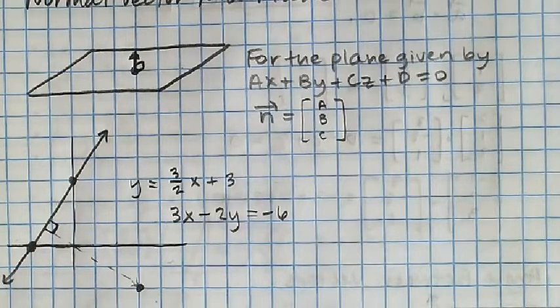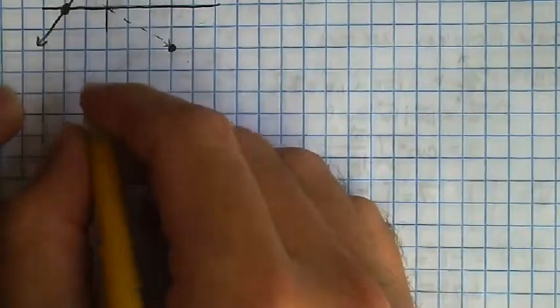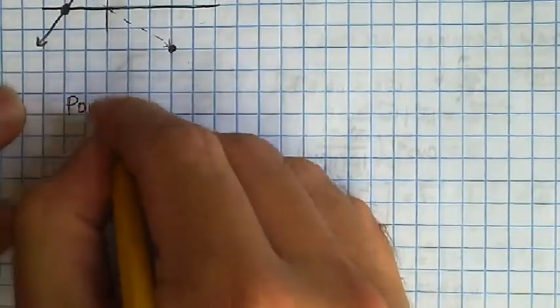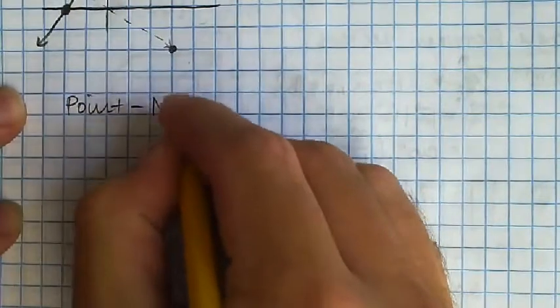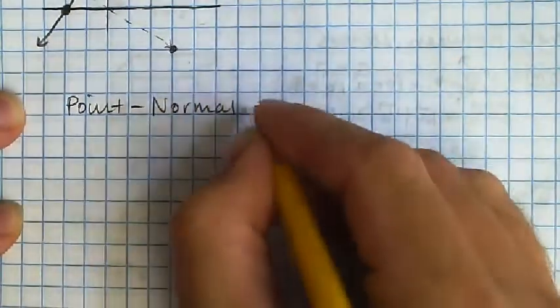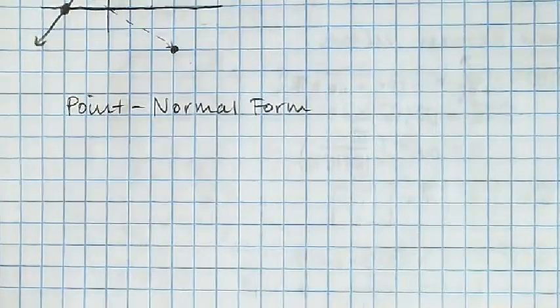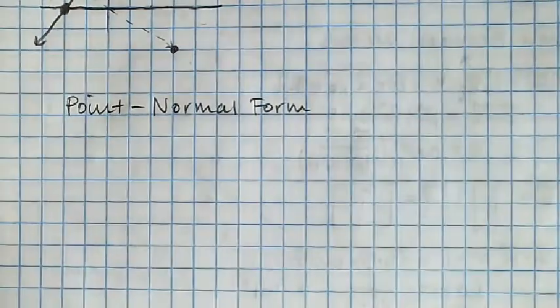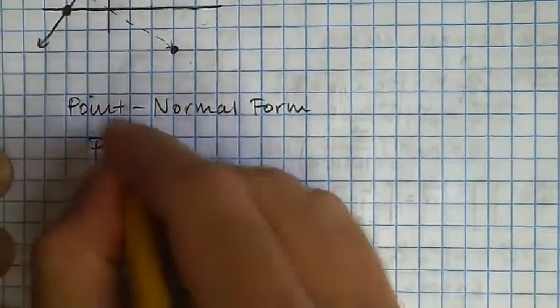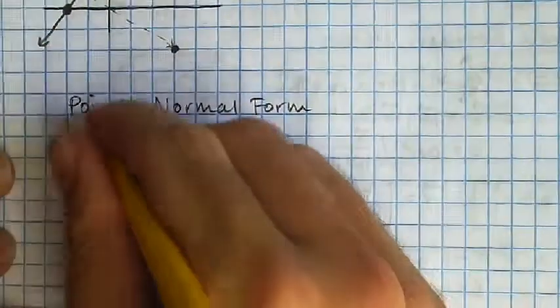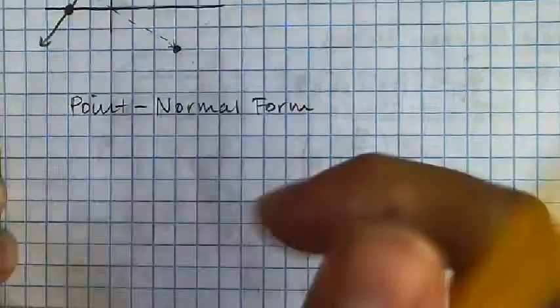Now, I think what I need to tell you, like okay, you told me that there's a normal vector, but who cares? So, point normal form for a plane. This is going to be the best way of writing down the equation of a plane, right? So if we've got a point P, I'm going to actually call it Q because sometimes P is for plane, right?